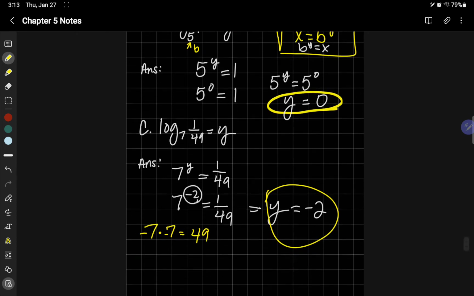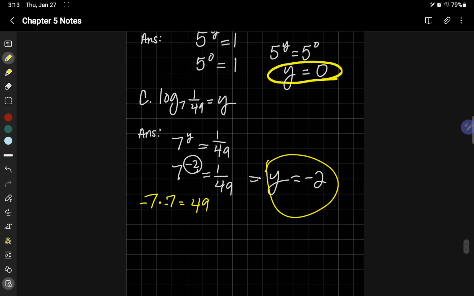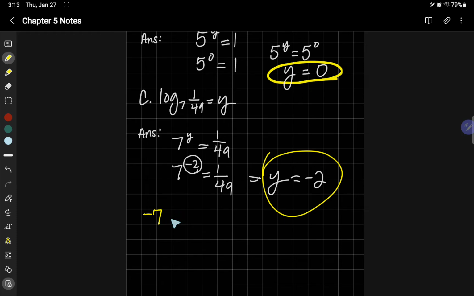Oh, snap! Let me write that all over so I can understand it here. Oh my god. Can't believe it. So it's -7 times -7 twice, which is 49, which can be positive.